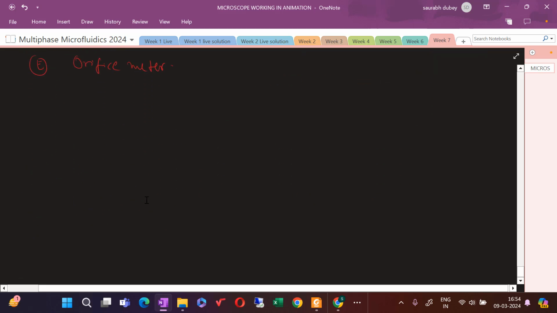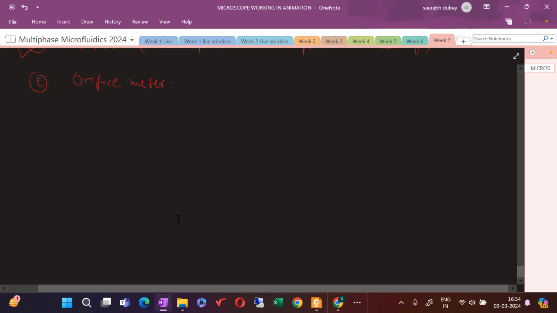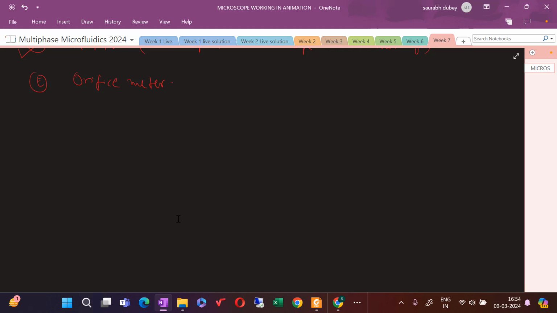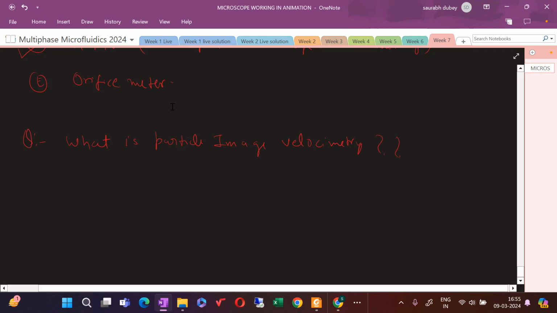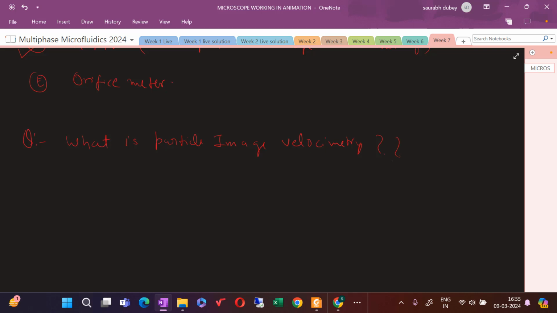Some discussion about this: what is particle image velocimetry? There are some points you can write.